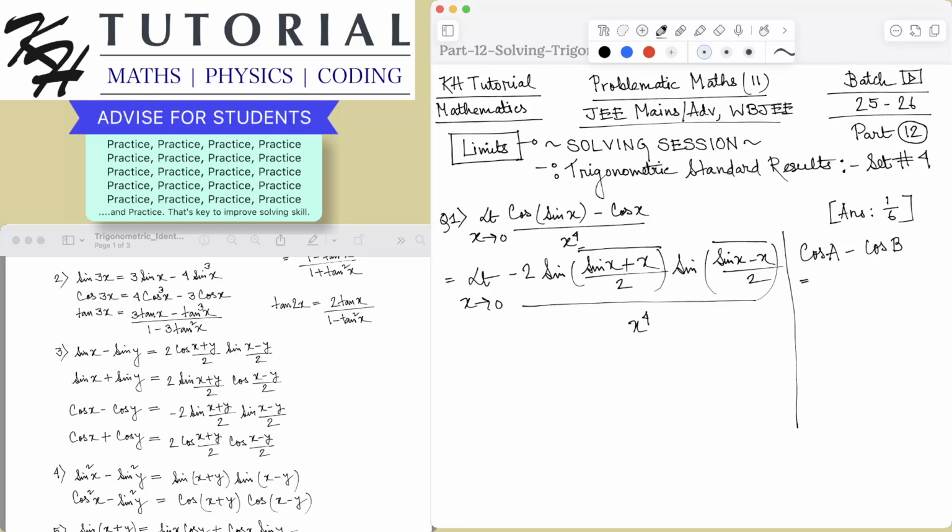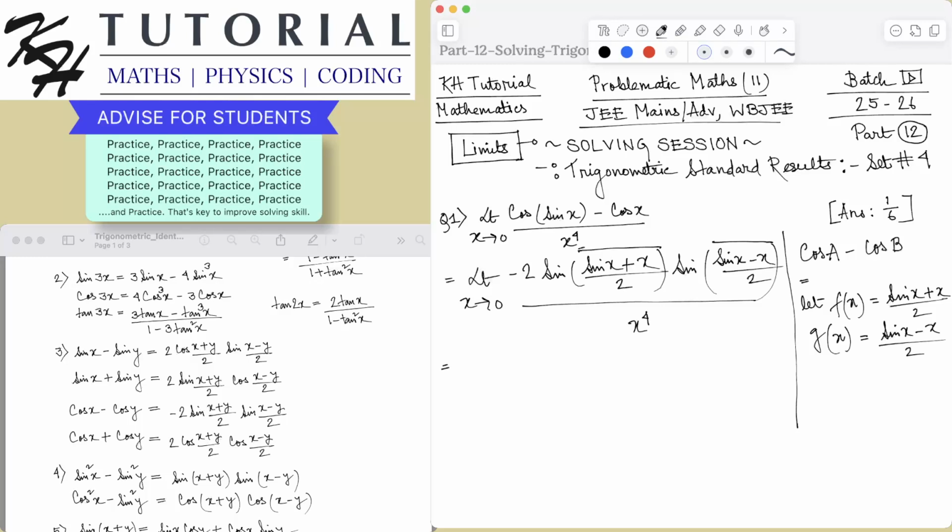Also (sin x minus x) divided by 2 will tend to 0 when x is tending to 0. Now just for the sake of discussion and ease of solving, let f(x) be the function (sin x plus x) by 2 and g(x) be the function (sin x minus x) by 2.